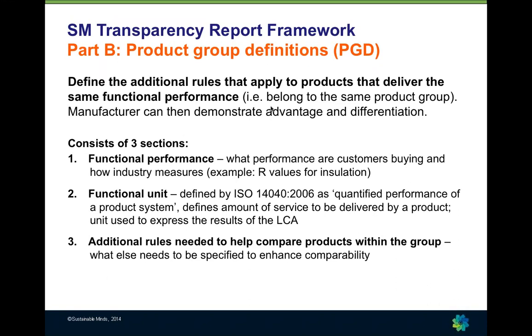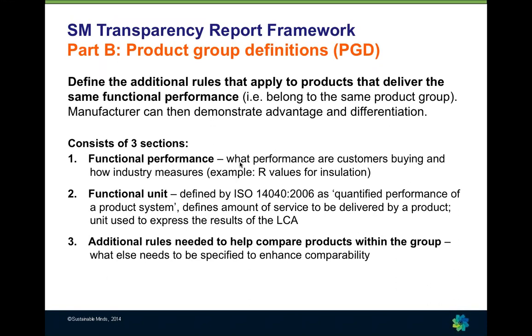So the definition of a product group is products that deliver the same functional performance and therefore would compete for the same specification. Now with that kind of level playing field, the manufacturer can demonstrate their advantage and their differentiation on top of that. So our Part B consists only of 3 sections.